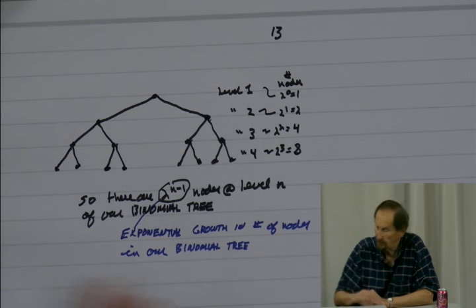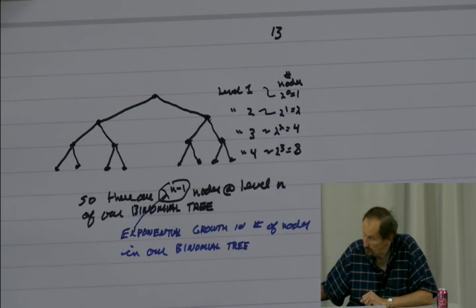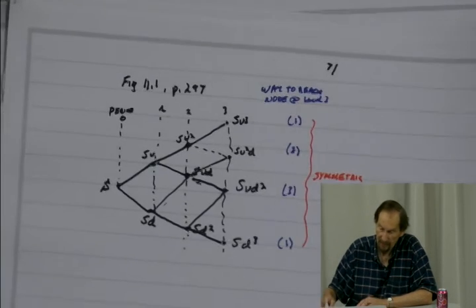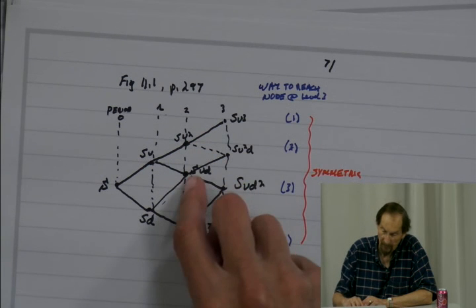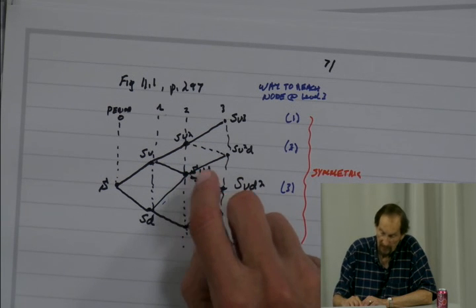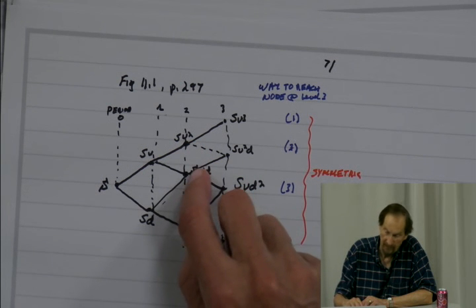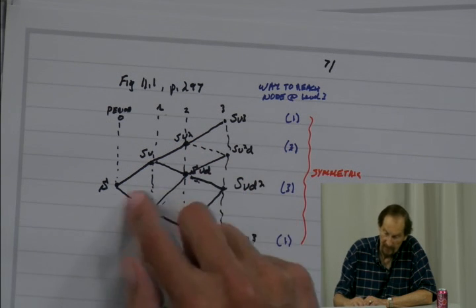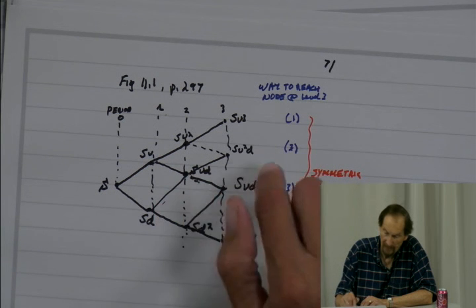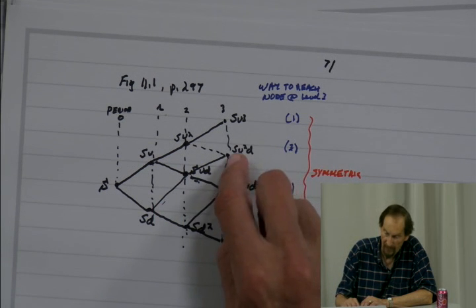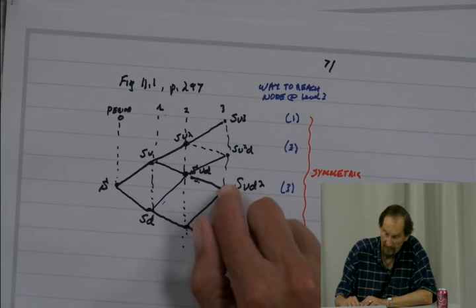But remember, in our lattice, we had a number of ways to reach the nodes here. Not necessarily this node, but this node, there were what? To reach this node, we had 2 ways. To reach this node, we had 3 ways. To reach this node, we have 3 ways.